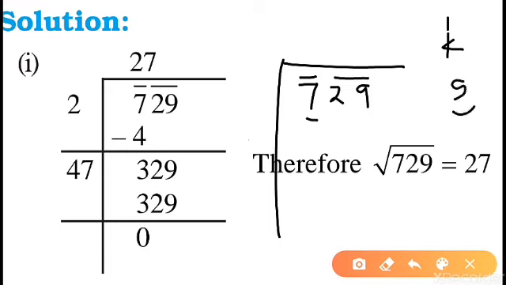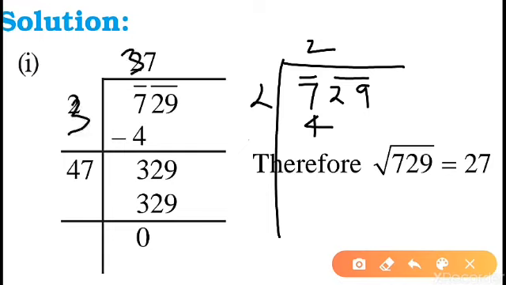So 9 is larger and 4 is smaller than 7, so we take 4, which is 2 squared, so we write 2 2 is 4. We can't write 3, because 3 3 is 9, and if we write 4, we have to write 4 4 is 16.